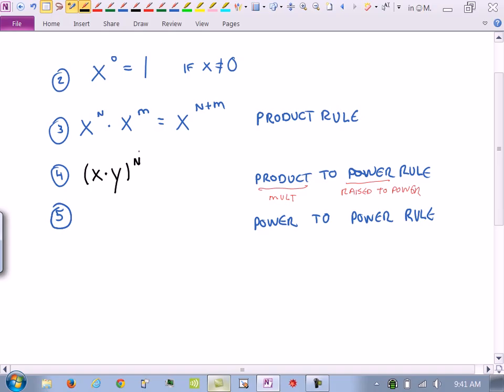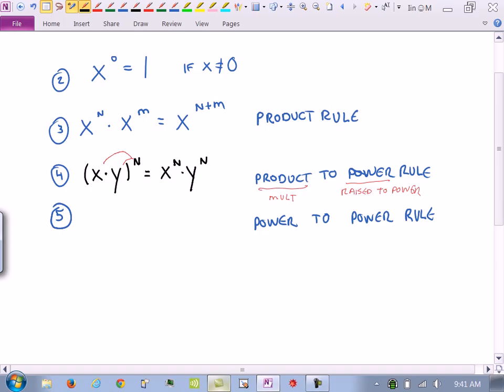Okay, and so the rule says what you're allowed to do, it's not distribution, that's not the technical word for this, but you are kind of just going to distribute the power to both of these. So what you'll have is this, x to the n, y to the n, and still multiplication between them.